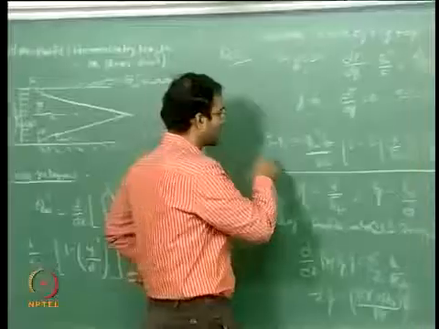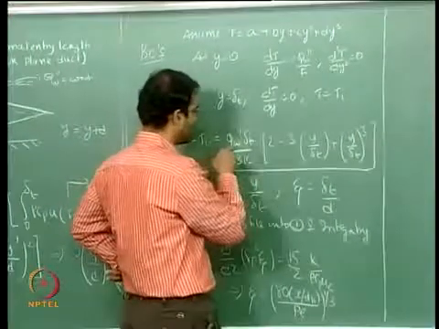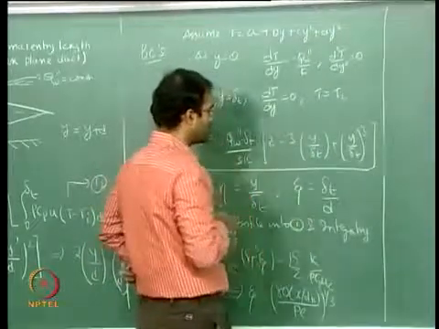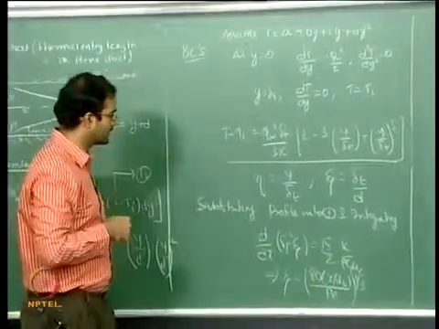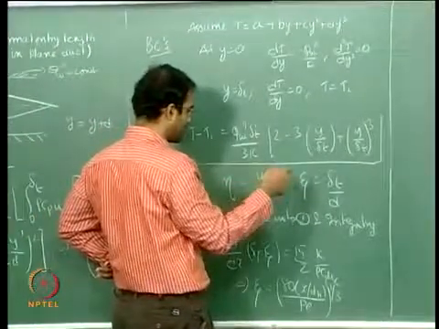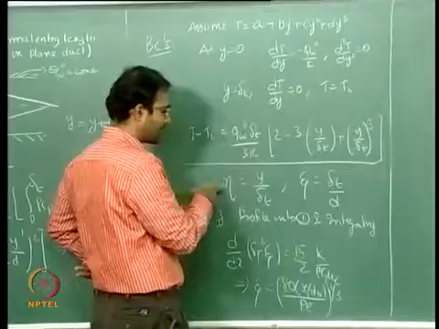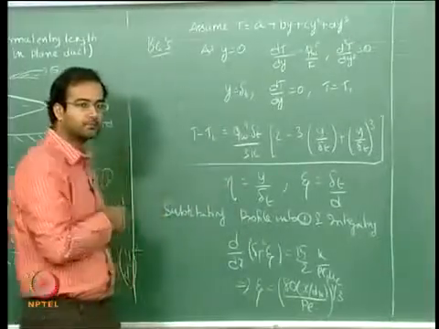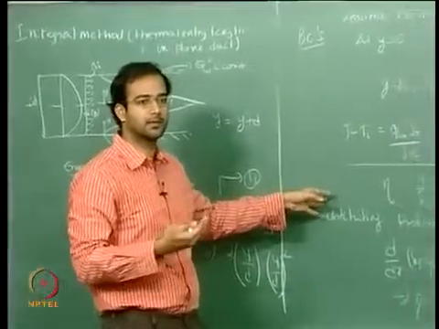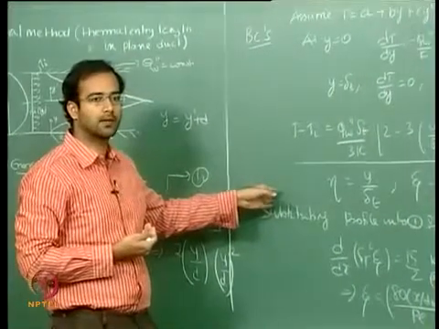So the temperature profile is a function of your wall flux, your thermal boundary layer thickness, and of course the non-dimensional y coordinate. We will introduce certain non-dimensional variables here. Your eta is your non-dimensional y coordinate. This is the same nomenclature I am using, similar to your external boundary layer flows.